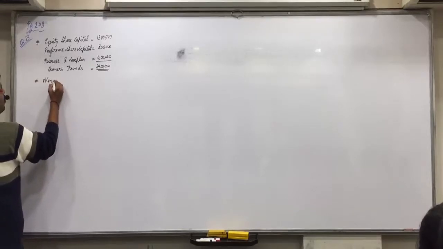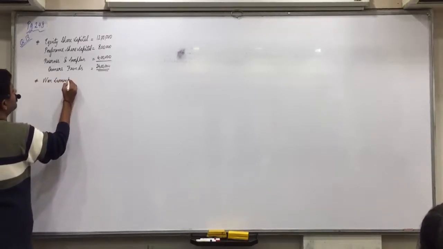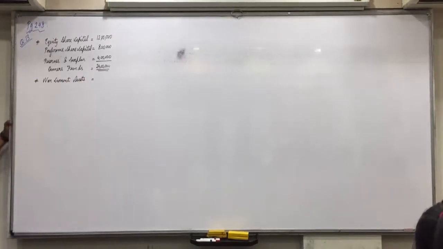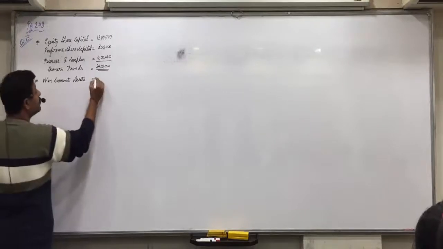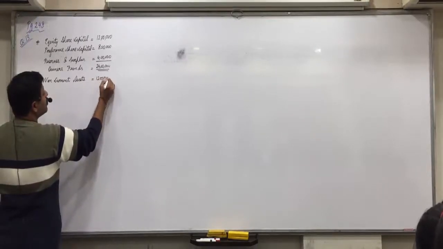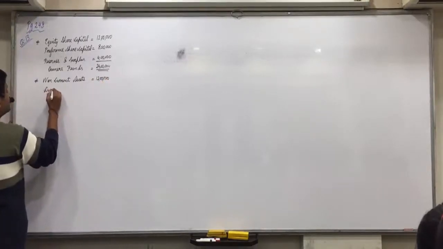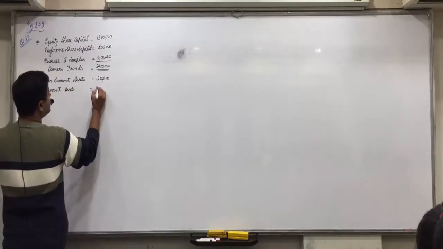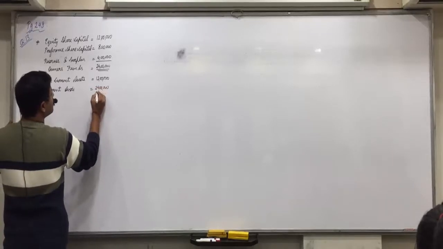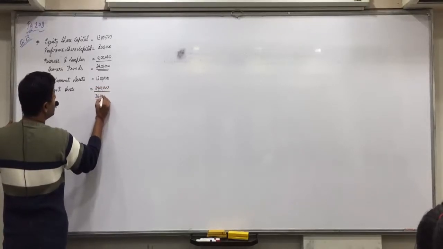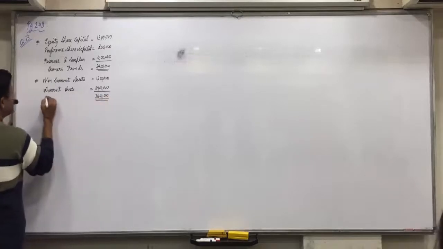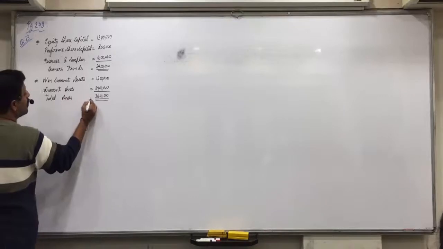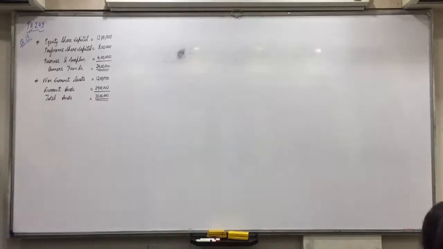Then total assets we have to find. So non-current assets, 12 lakhs. Current assets, 24 lakhs. 36 lakhs total assets. And now we can apply the formula of proprietary ratio.